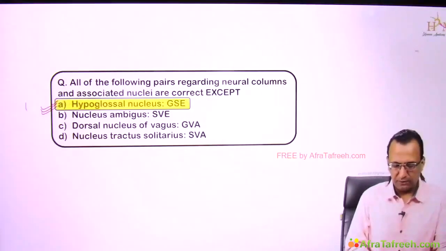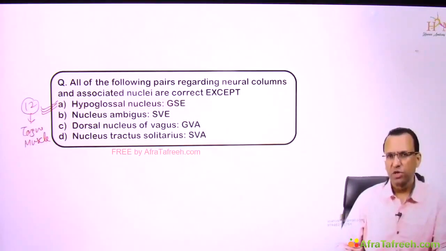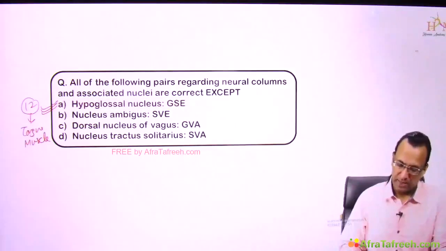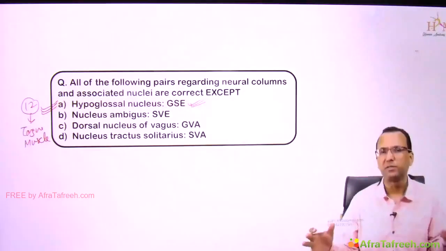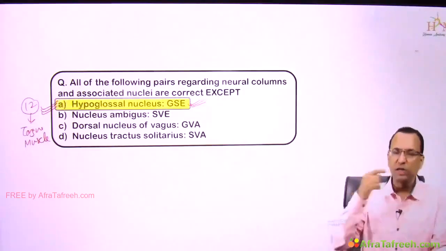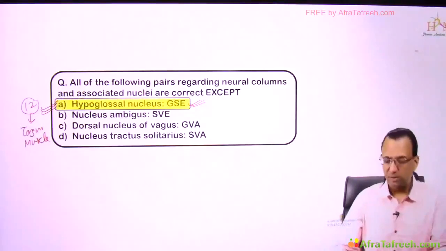The 12th nerve, which is controlling the tongue muscle, is GSE or not? Actually, tongue muscles do not develop in the pharyngeal arches, so they cannot be SVE. If they're not SVE, then they must be GSE. Most of the skeletal muscles are GSE except the pharyngeal arch muscles.